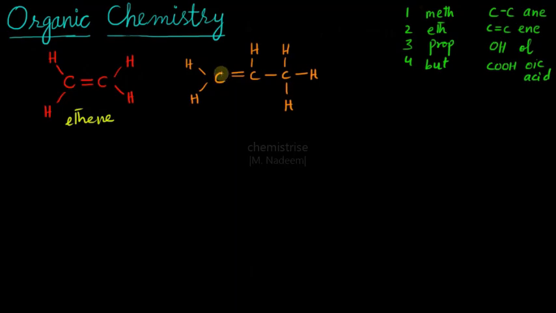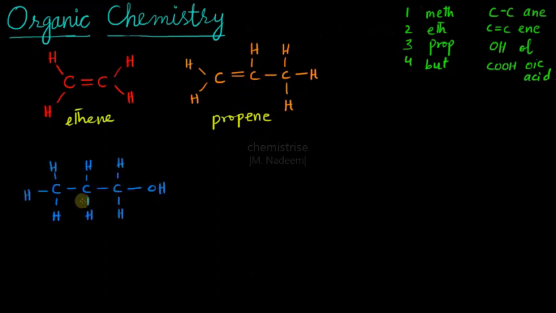There are three carbons present, with a double bond and then a single bond. Since there are three carbons, the name will start with prop, and since there is a double bond, the name will end with ene. So propene is the name of this compound.